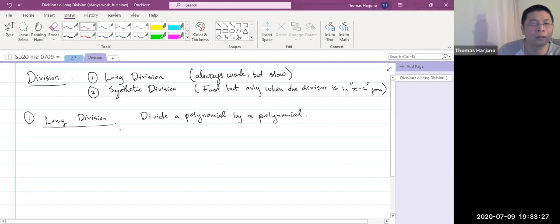Note that these polynomials should be in descending order.